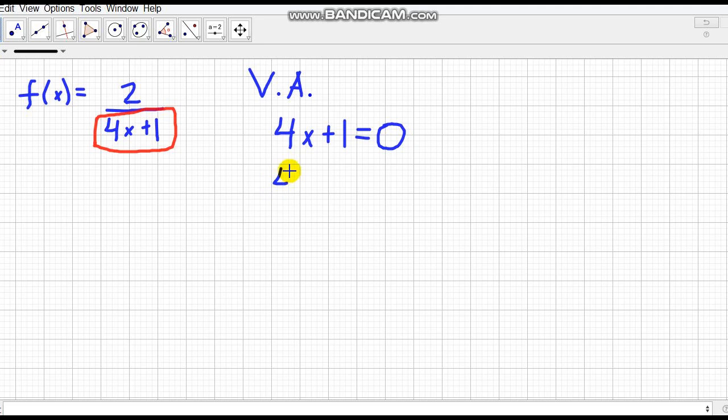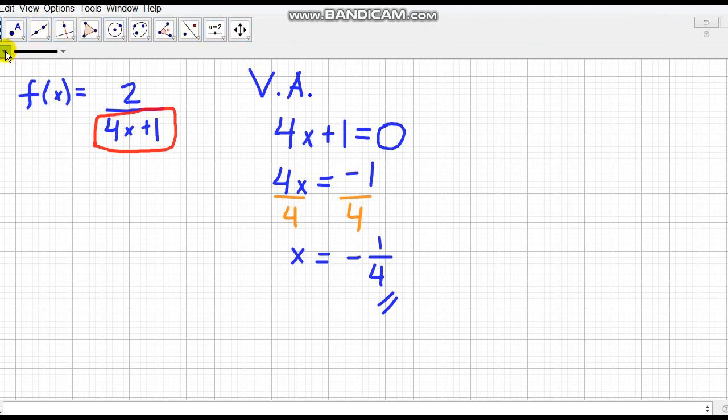We'll have 4x equals -1. Divide both sides by 4. We will have x equals -1/4. So our vertical asymptote is found at x equals -1/4.